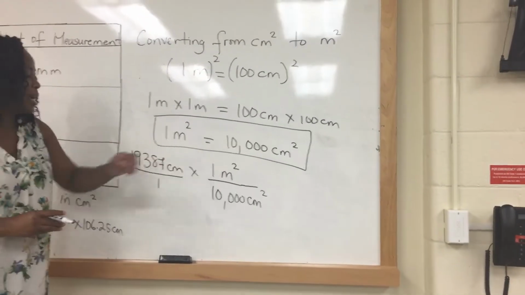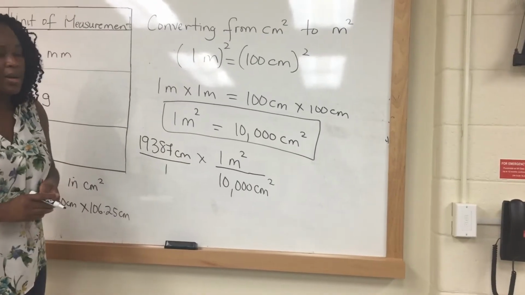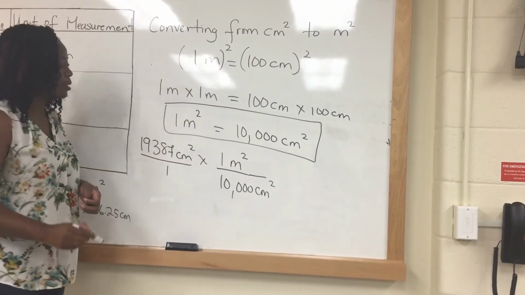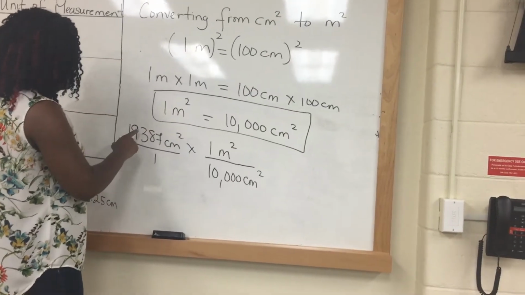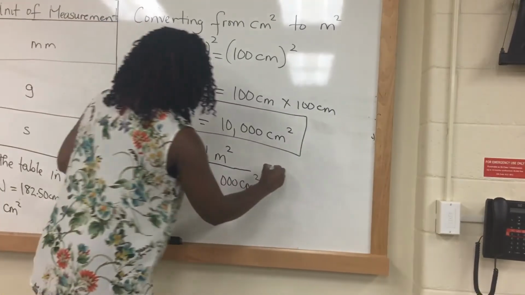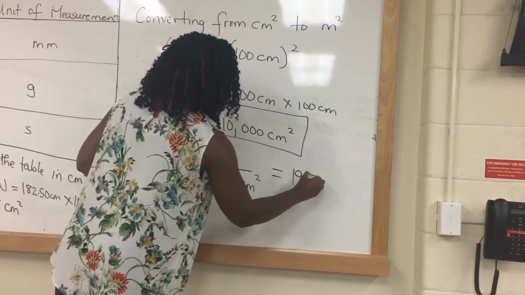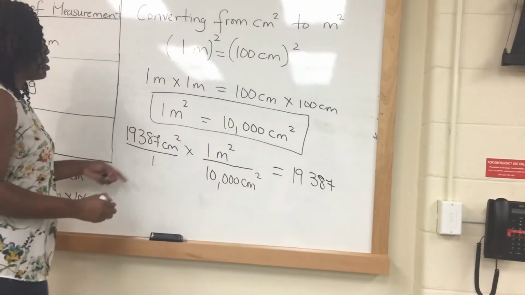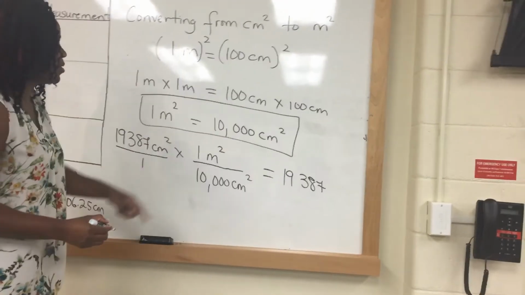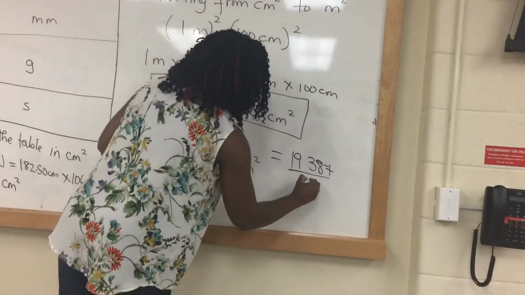Any number multiplied by 1 is the same number. So 1 times 19,387 is 19,387, and 1 times 10,000 is 10,000.